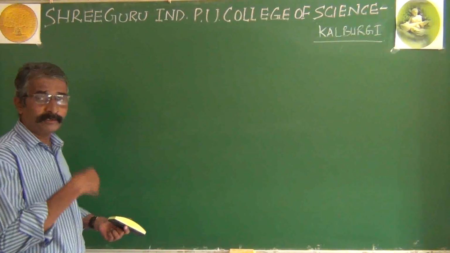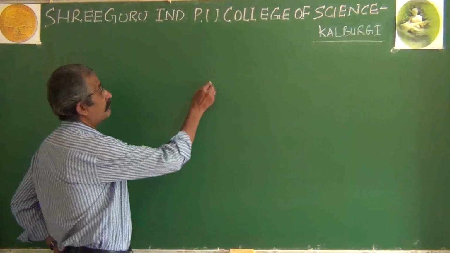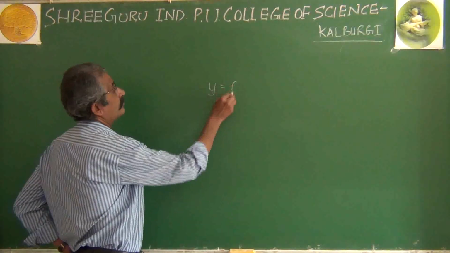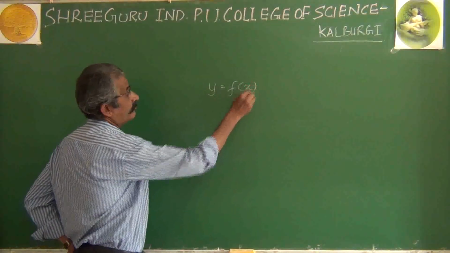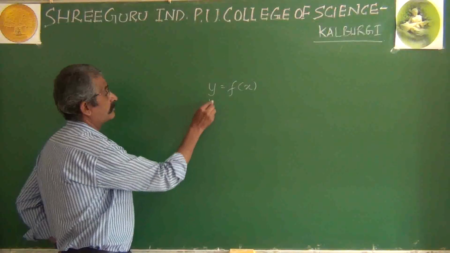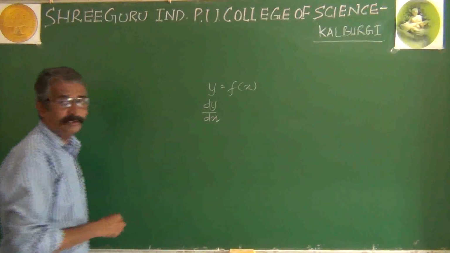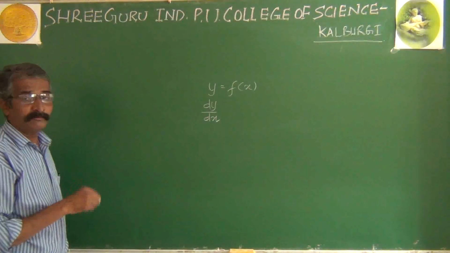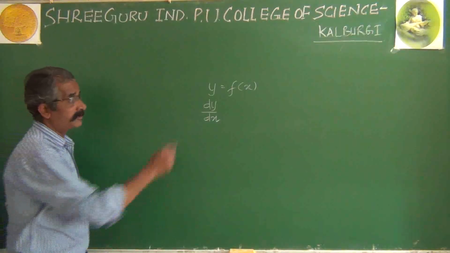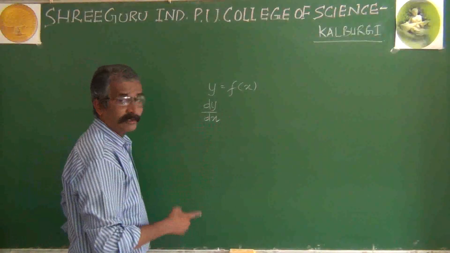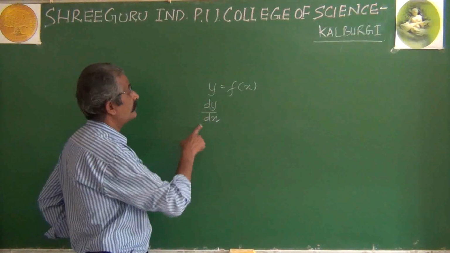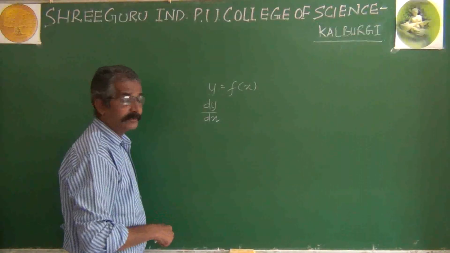So, yesterday, what we have seen is that whenever you are given a function y equal to f of x, dy by dx, I mean the derivative of y with respect to x, is called, in particular, the first derivative of function y with respect to x, and further this quantity can again be differentiated.